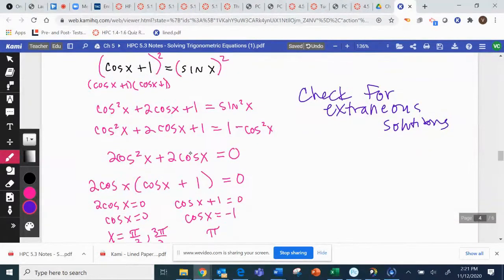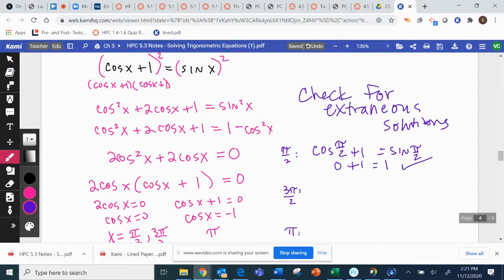So I'm just going to take each solution. We've got pi over 2, and 3 pi over 2, and pi. And we're just going to plug each of those into the original equation. So cosine pi over 2 plus 1 equals sine pi over 2. So cosine pi over 2 is 0 plus 1 equals sine of pi over 2 is 1.